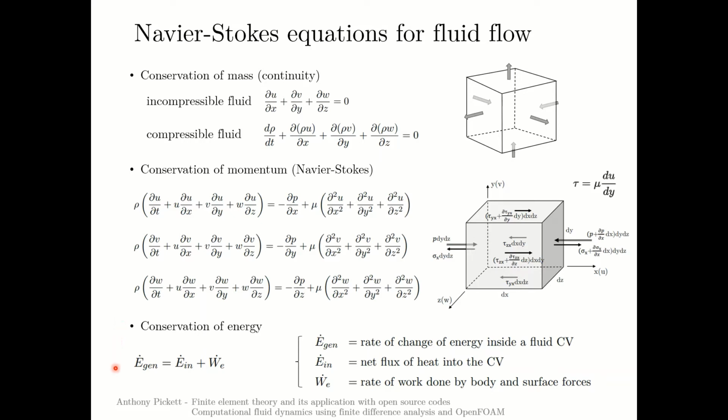If we're dealing with a compressible gas or a thermal problem, then you will also have to invoke conservation of energy, and essentially the rate of change in energy inside the control volume has to equal the net flux of heat into the control volume and the rate of work done by body forces and surface forces.